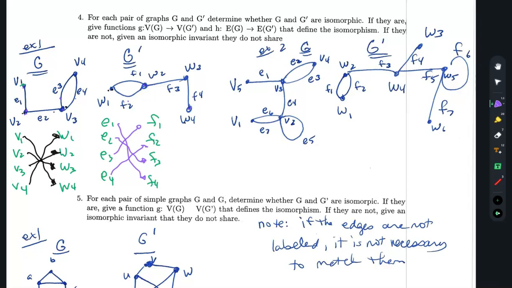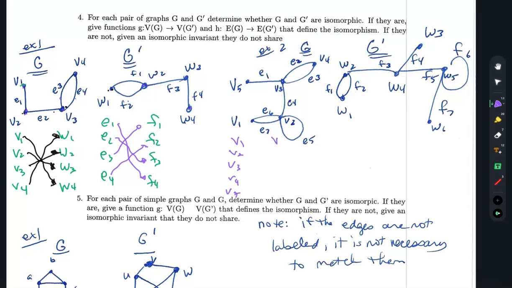So if I start looking here, let's find out how many vertices. I've got V1, V2, V3, V4, and V5, right? Oh, no, there's 5. Yes. V1, 2, 3, 4, 5 vertices. Okay, so how many vertices do we have over here that we're going to match them up with?